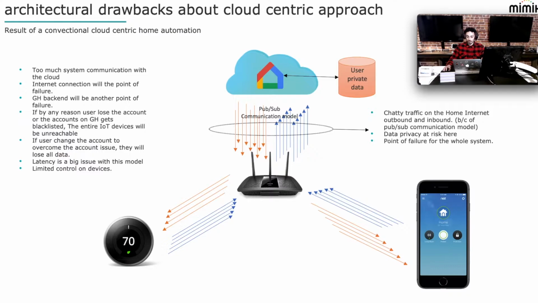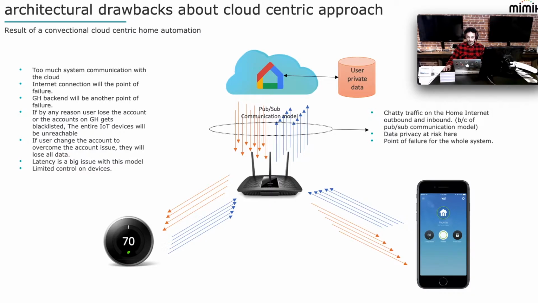Account switching or renewal of an account will result in loss of all user data. For example, you have to reconfigure all of your IoT devices, pretty much reset them and reconnect them to your account to be able to access your IoT cluster of devices again.